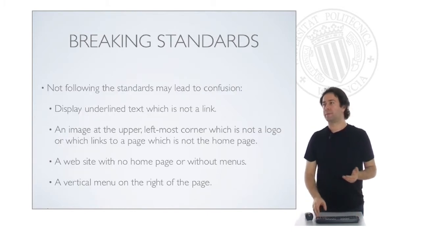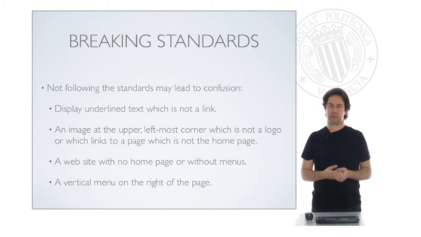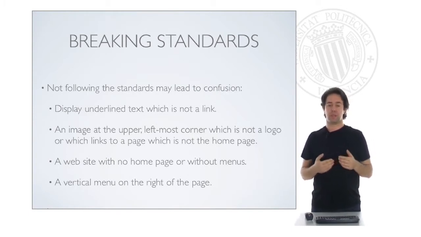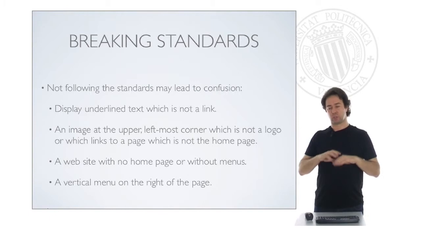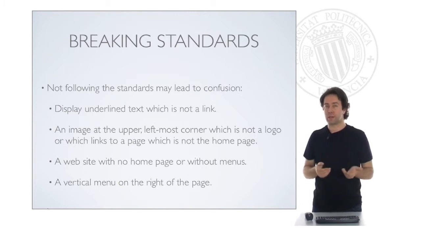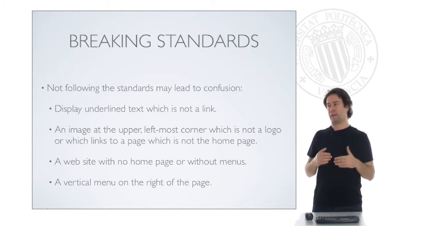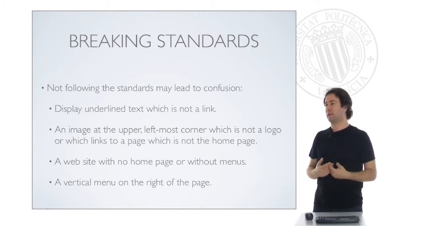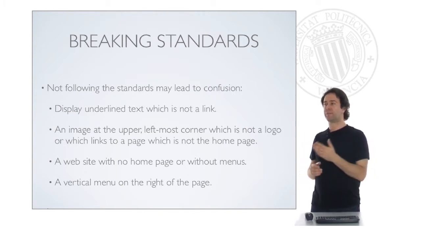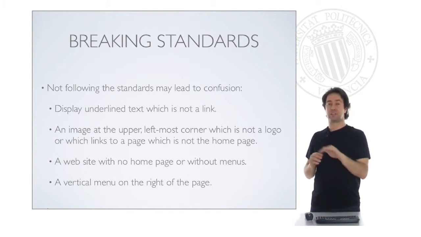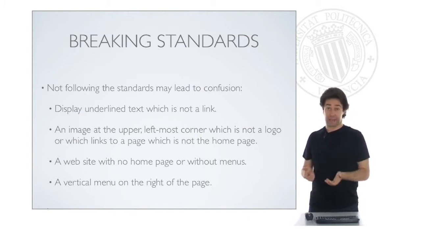What happens if we break these standards? We have to be very clever if we do that, because if we don't do a very good design that helps the user understand what is going on, then there might be a very big confusion. For example, imagine what happens if we have a text which is underlined and it is not a link.